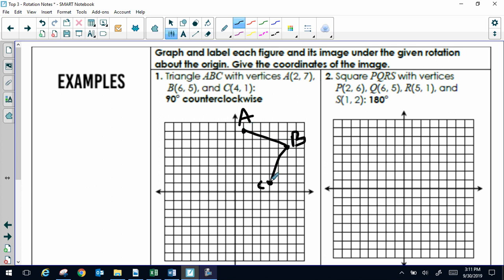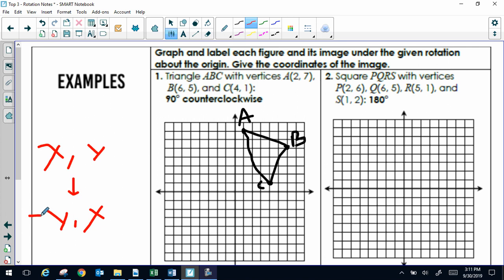And they want me to rotate this 90 degrees counterclockwise. 90 degrees counterclockwise says I take the original x comma y, I flip them, and change the sign of the y.